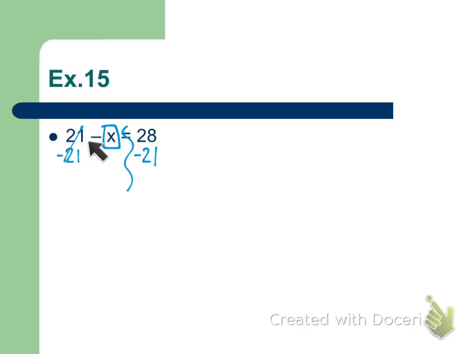That means there's still a minus or a negative sign right in front of x. 28 minus 21 is 7. But we don't want negative x, we want positive x. So we don't want positive 7, we want negative 7.